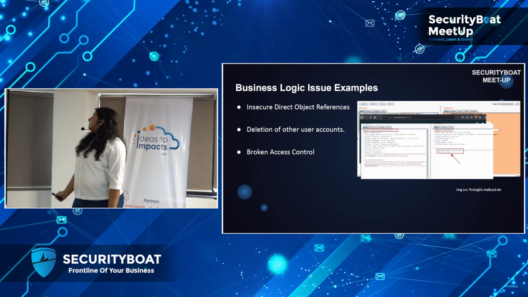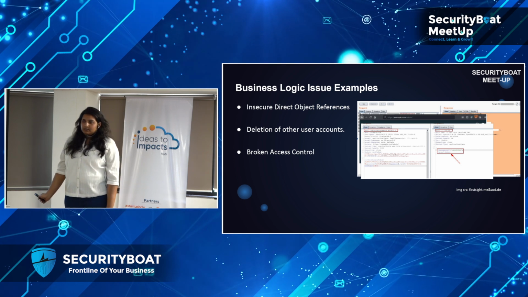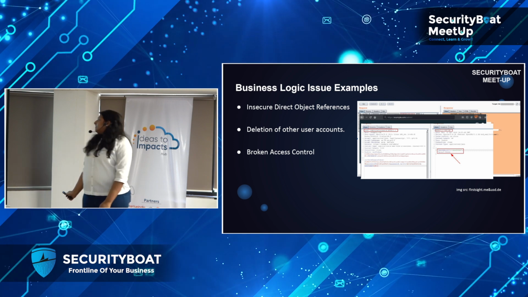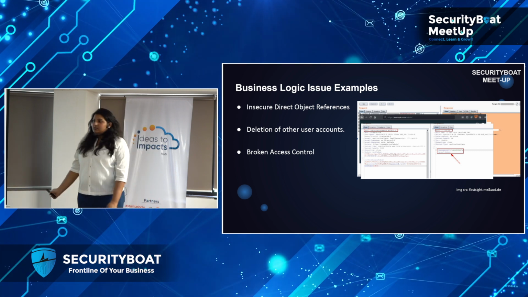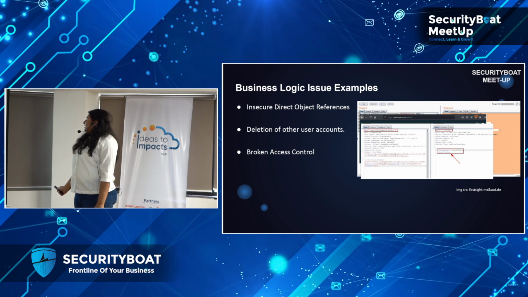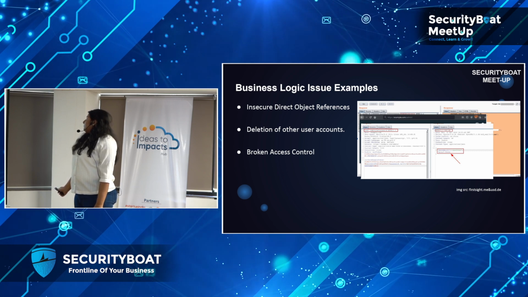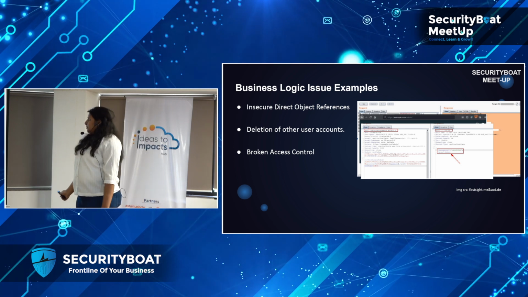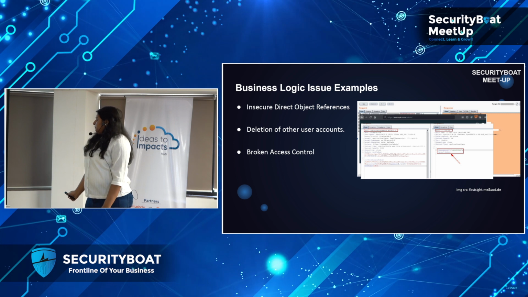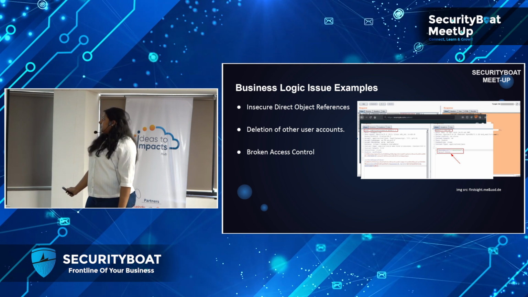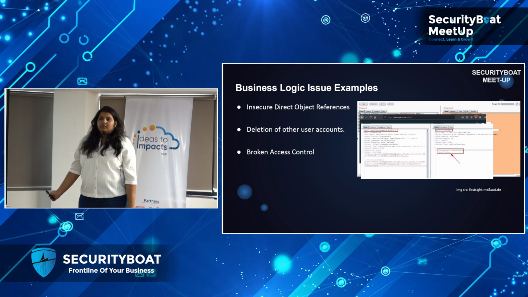So if I change the user ID here, or any parameter which can provide me information about the other user, you can see sensitive information like the ordered email, the address, the personal information being accessible, which is not supposed to be.